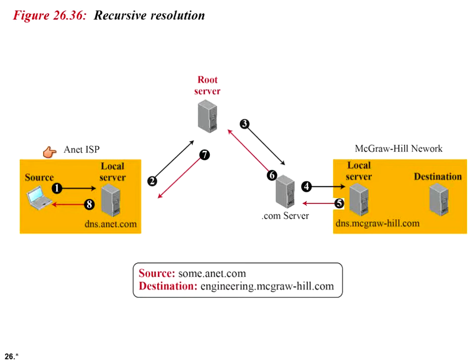Now we assume that this server does not know the IP address of the destination host either. So it sends the query to a root DNS server whose IP address is supposed to be known to this local DNS server. This is our event 2.